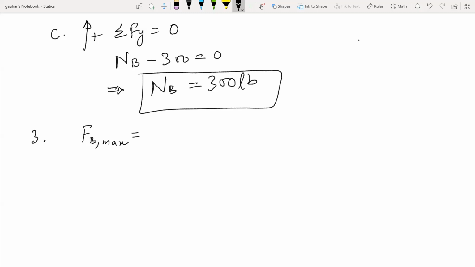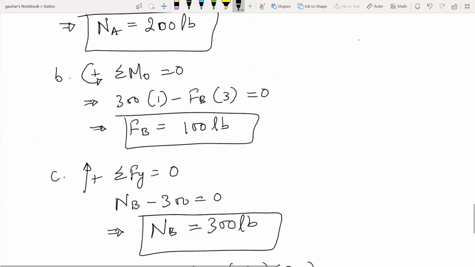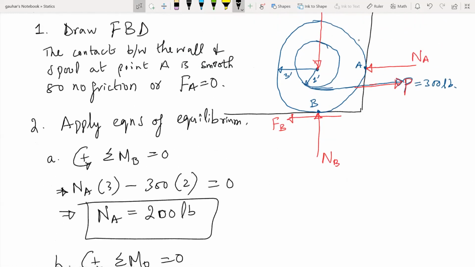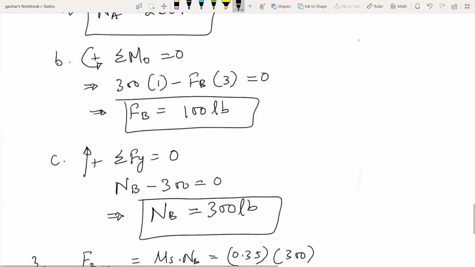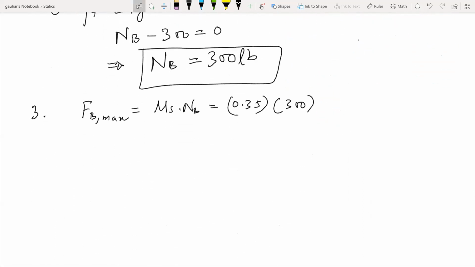It's mu s times N sub B, which is 0.35, the friction coefficient, times 300, which is N sub B. So this is 105 pounds.